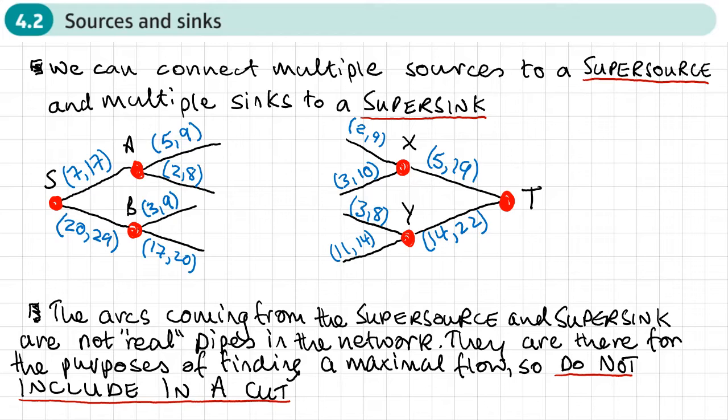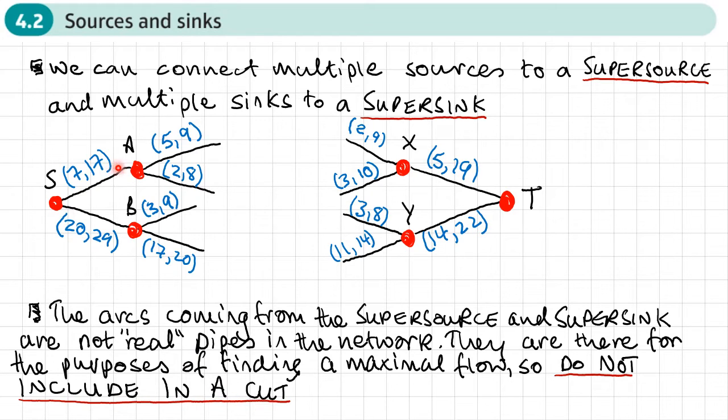And last thing I just need to mention is that these arcs, which I've added to the super sink and the super source, are not real. They're not real pipes or connections that exist in a network. They are only there for the purposes of finding a maximal flow. So these help us to use our algorithm to work out a maximal flow. So we do not include them in a cut.